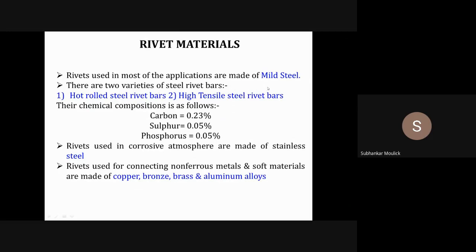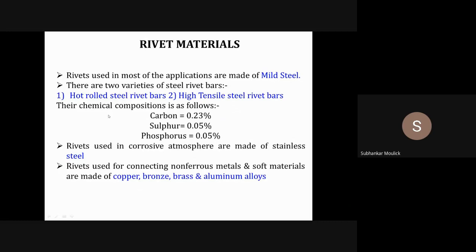In most applications, rivets are made of mild steel. Normally, there are two varieties of steel rivet bars available in the market. One is hot rolled steel rivet bars. Another one is high tensile steel rivet bars.